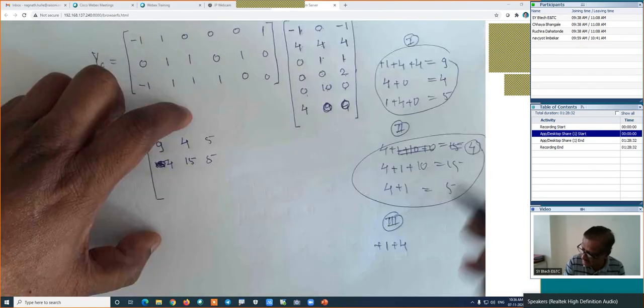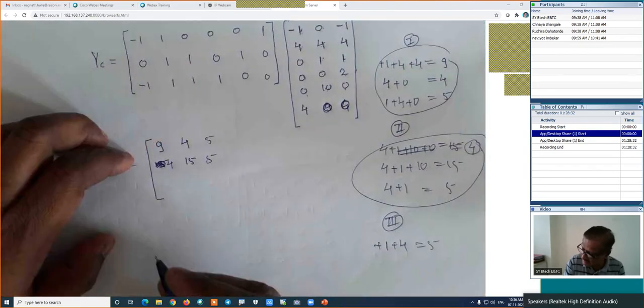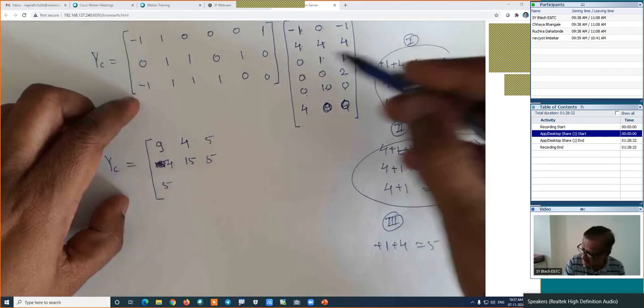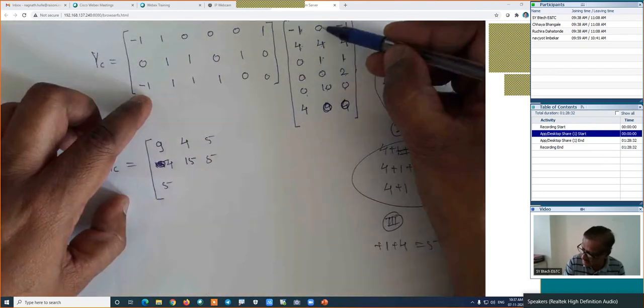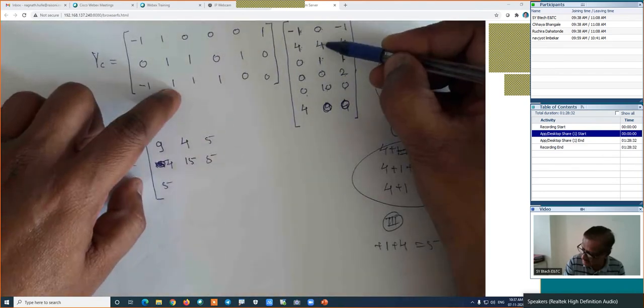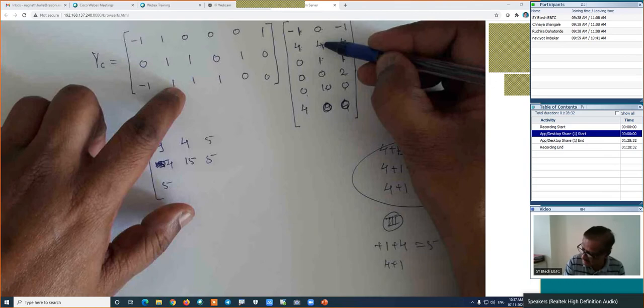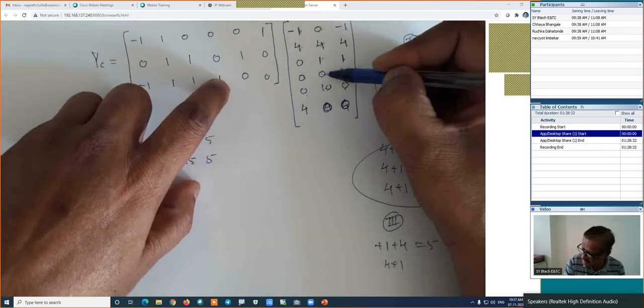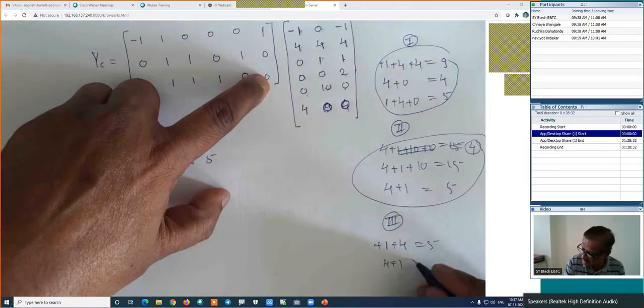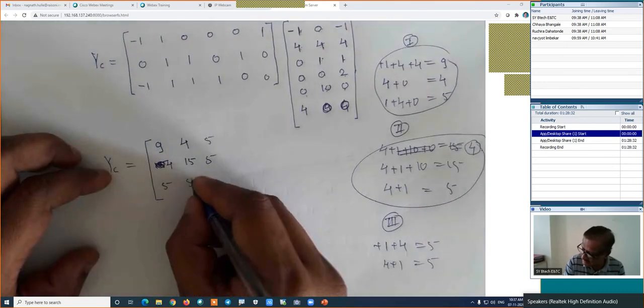This value is 5. Is it right? Then second, this last row and second column, this is 0, 4, 1. This is 4 plus 1. Then again 0, this is 0, this is 0. This value is 5. Is it right? This value is 5.